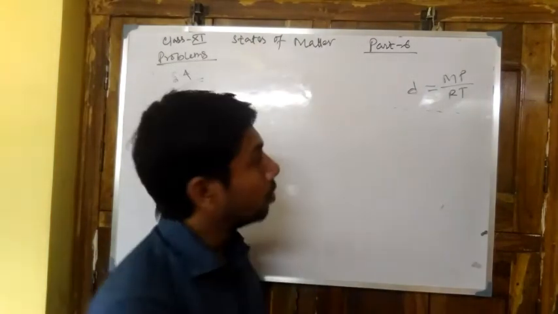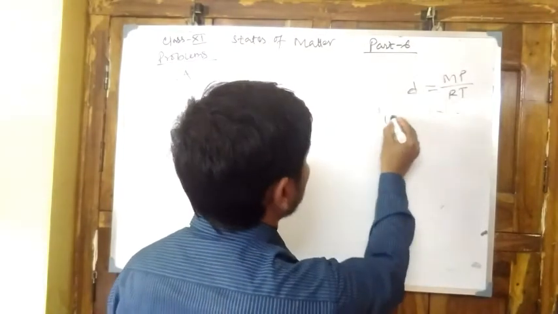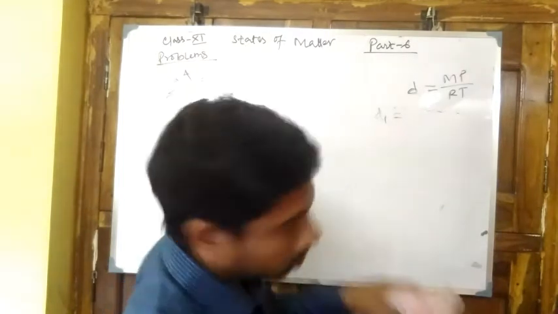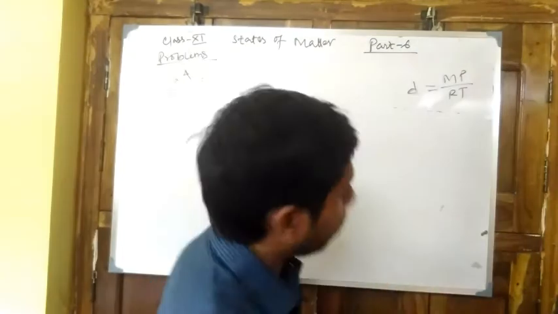First of all, we have D1, that is the density of the oxide.